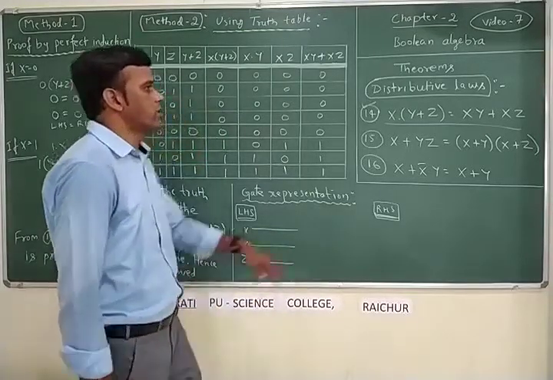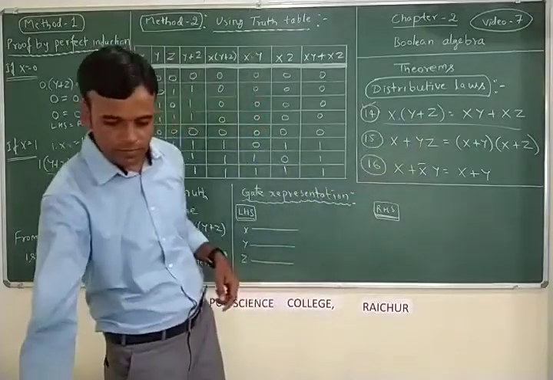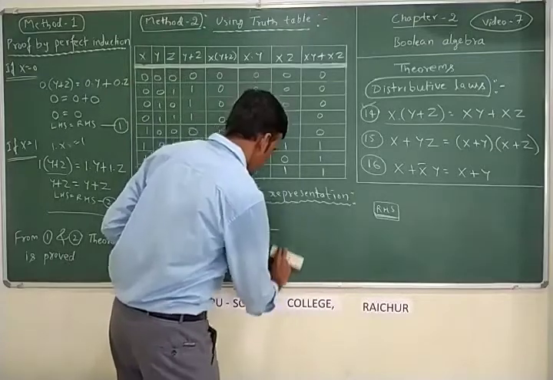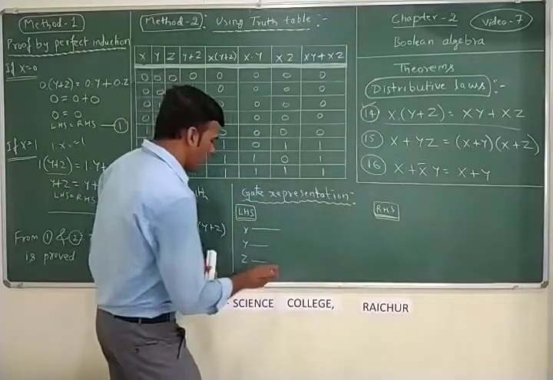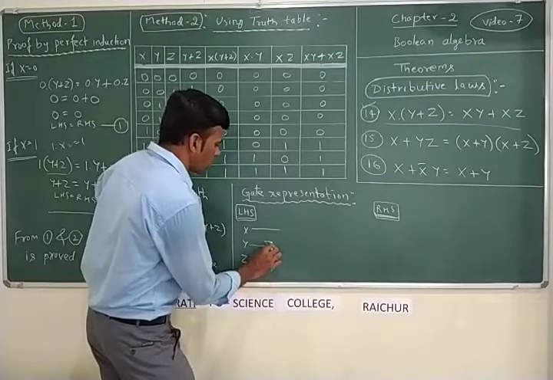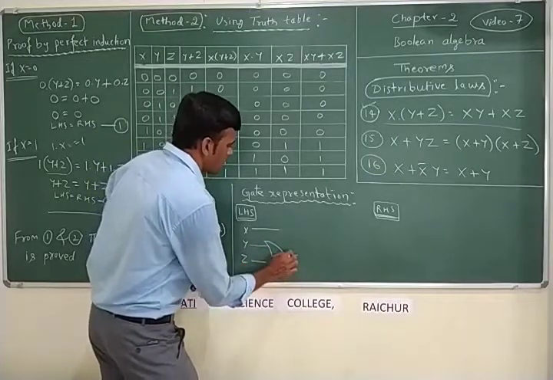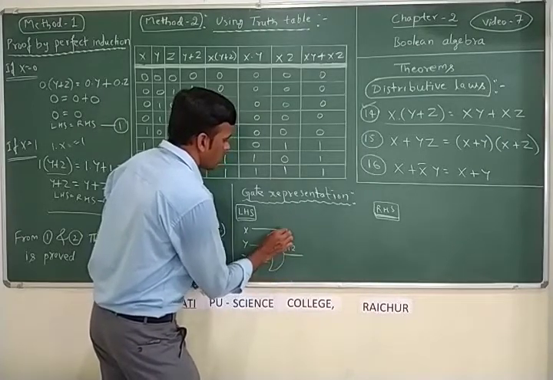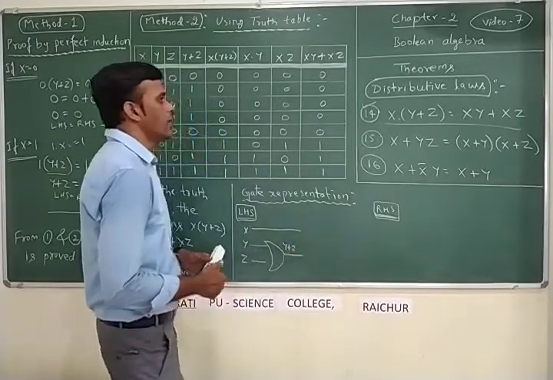So within the bracket, first we have to consider, between y and z, it is the OR operation. So OR gate. So its result here is y plus z. Now it is going to be an input for the next level gate.